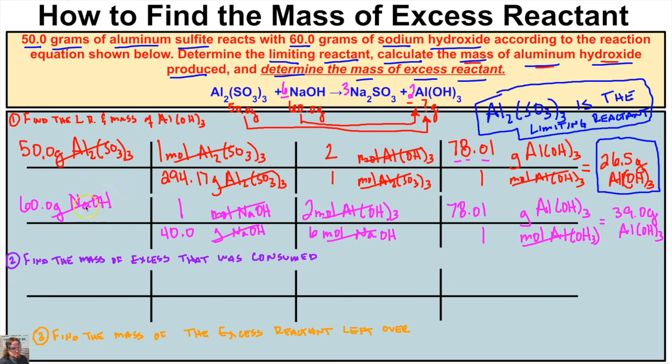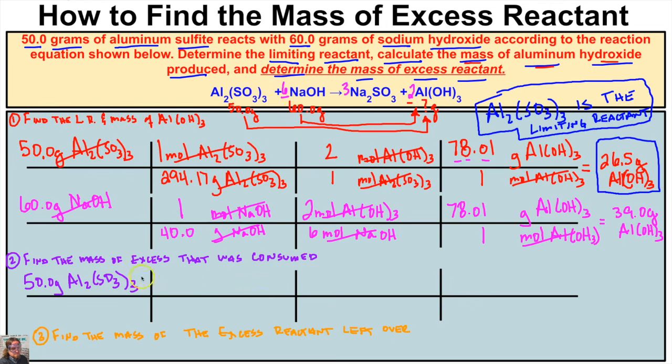So we have to find the mass of the sodium hydroxide here that was consumed based on the initial quantity of our limiting reactant. So our initial quantity of the limiting reactant was 50.0 grams of aluminum sulfite. And what we're going to try to do is figure out how much sodium hydroxide was consumed.